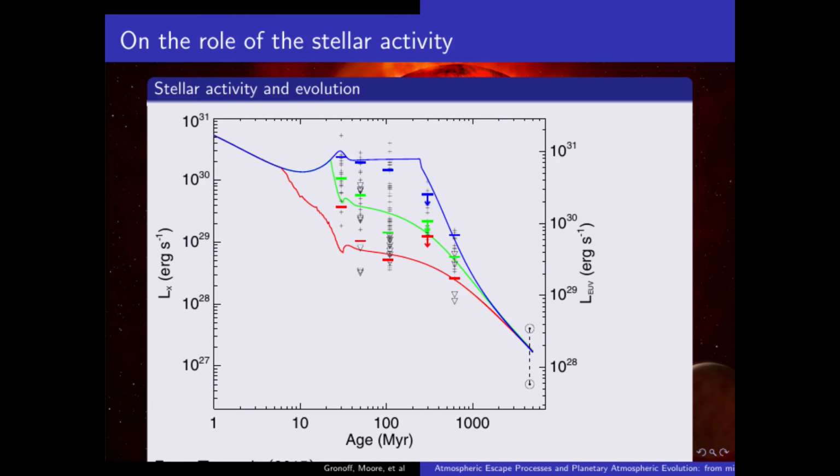Is it the blue curve or the red curve? Basically it's really changing as a function of the rotation of the star. And you see, we are speaking about several orders of magnitude between these two conditions, and that really changed the whole history of the escape of an atmosphere.